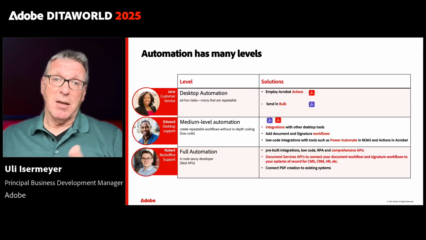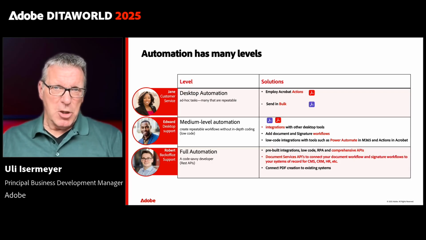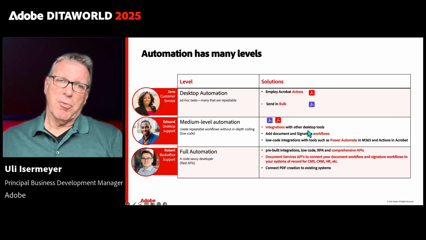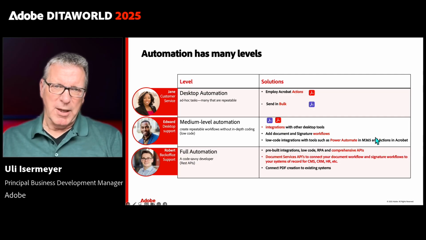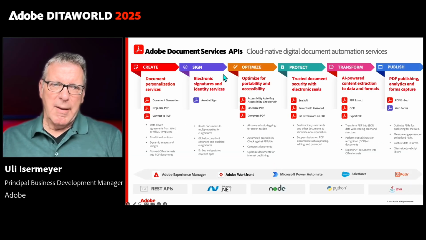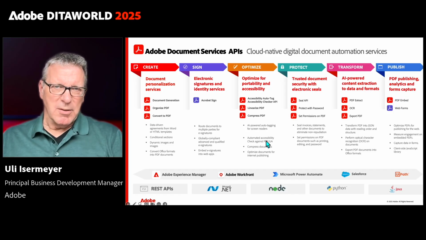Last but not least, I would like to just give you a short overview about the automations. And there we have, of course, desktop automation, medium level automation, for example, with Power Automate, and all the full REST APIs. I was talking about that before. And what I wanted to show you is two examples.